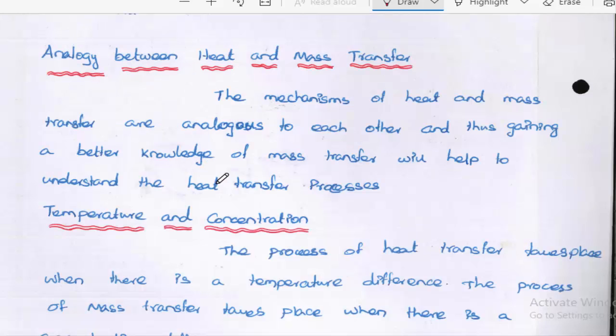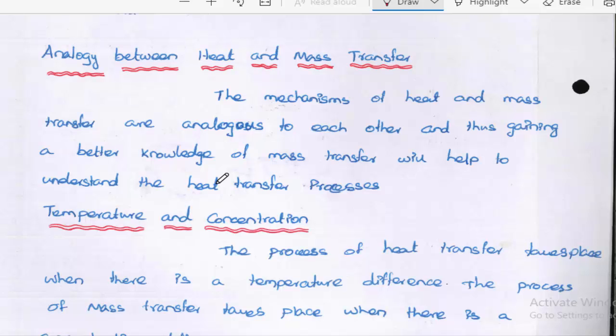Next thing is the analogy between heat and mass transfer. There is a lot of similarity between heat transfer and mass transfer. That is why we study heat and mass transfer simultaneously. Once you know the formulas and concepts for heat transfer, mass transfer will be very easy for you.